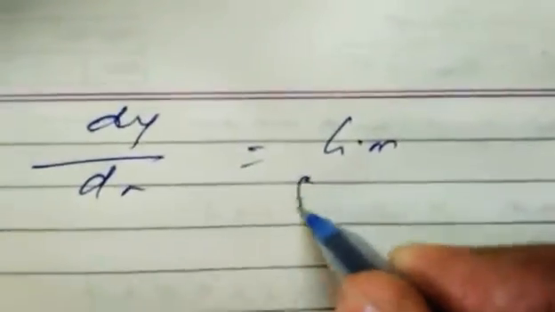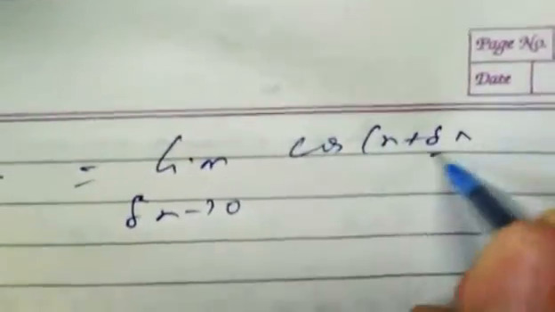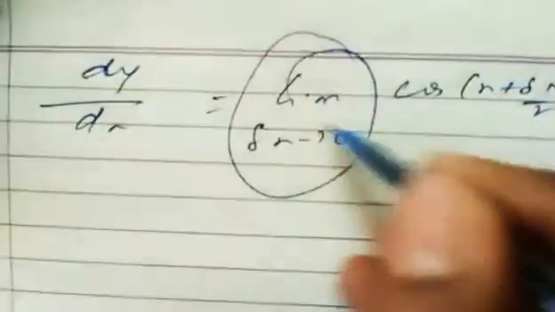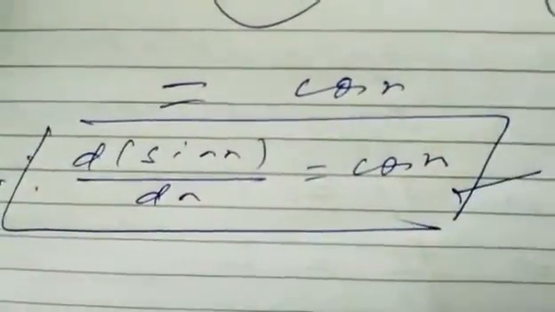Further, we write dy by dx is equal to limit del x tending to 0 of cos(x + del x/2) and sin(del x/2) upon (del x/2). We have segregated it like this, and since del x tends to 0, this part goes to 1 and this part goes to cos x. So finally, the derivative of sin x is nothing but cos x, as we are seeing in the method which we have used right now.